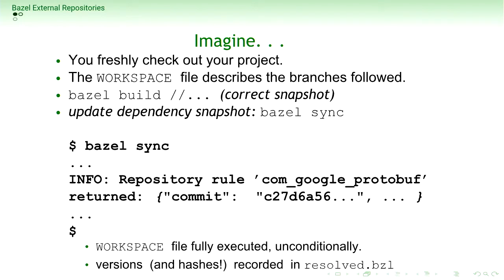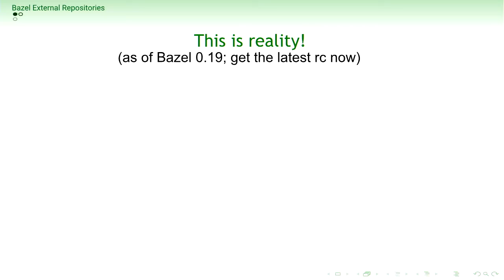And it records all the versions that the rules return, as in this is the precise version I got when following the branch master, in a file. And the idea is then to test and commit that file to the repository. And since that file is not just a Starlark value, but a nicely canonically formatted Starlark value, you also get meaningful diffs.